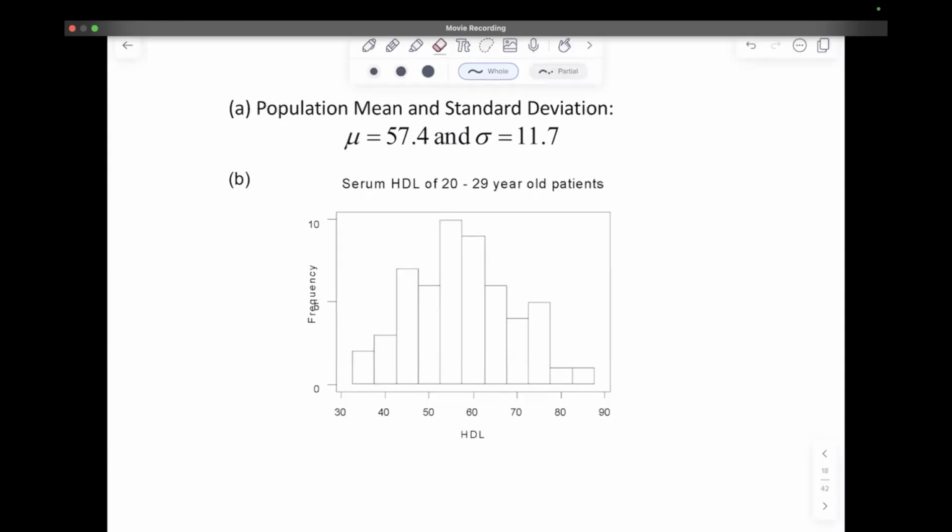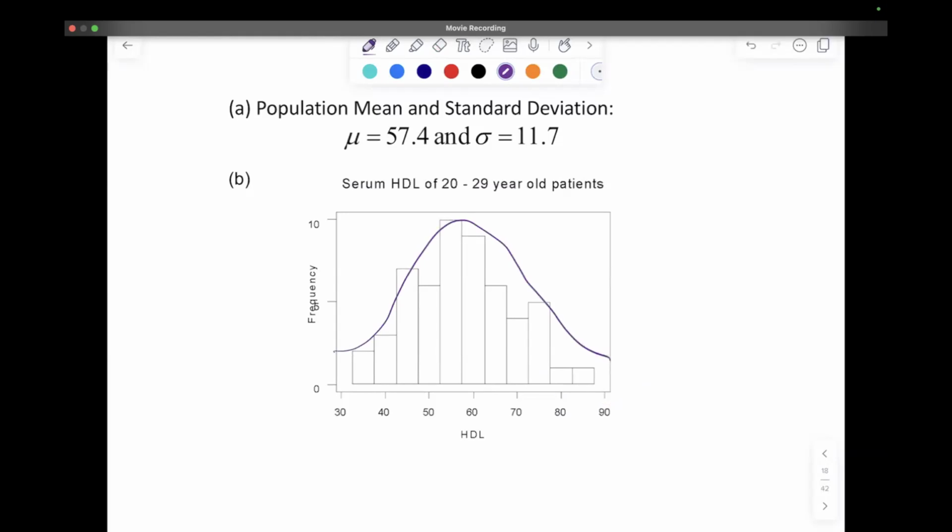Now, one of the questions is going to vary slightly from what you have on your PowerPoint. So this isn't a perfectly bell-shaped. There's a slight skew. This is kind of what real world data looks like. There's a slight right skew, but it's bell enough.